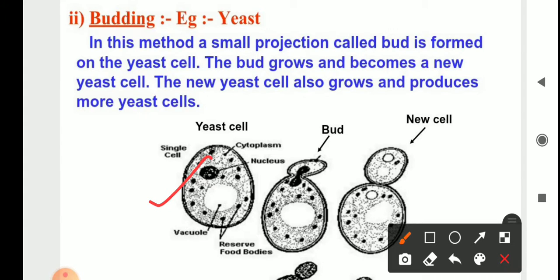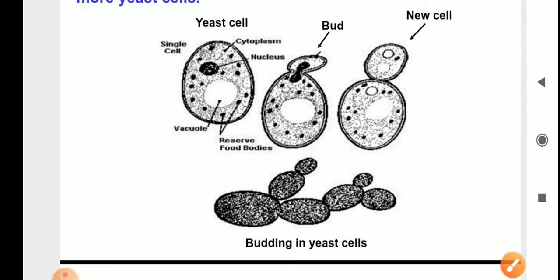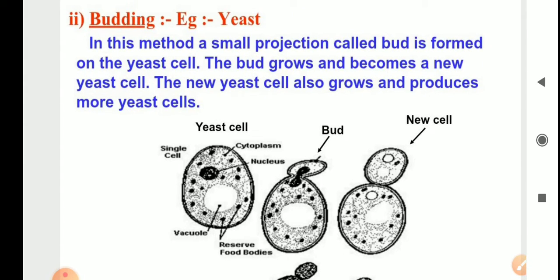This is a full yeast cell, then a small projection grows here, and then it grows and becomes a new cell. You can see here the budding in yeast cell.